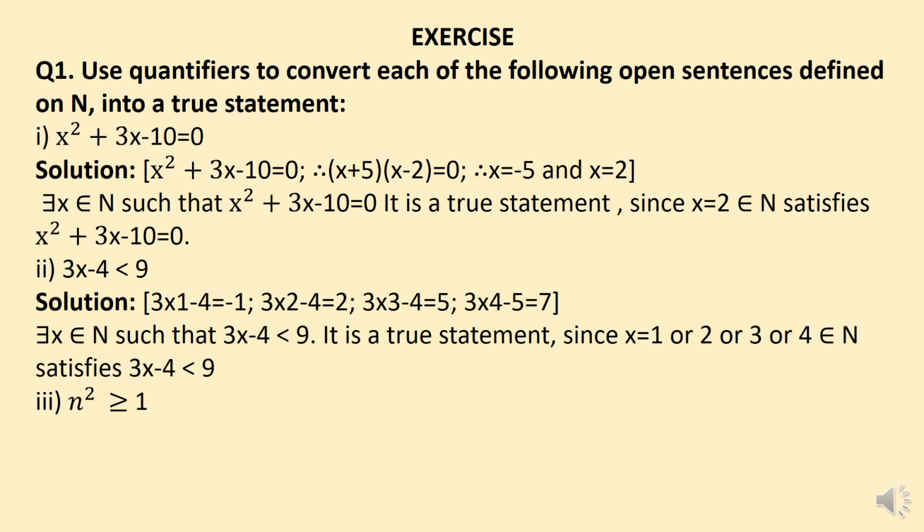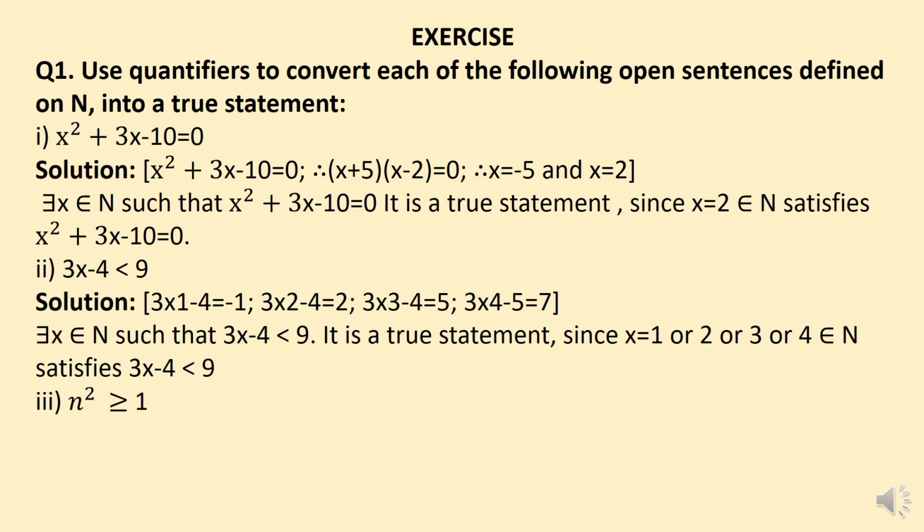The third question, n square is greater than or equal to 1. Now you know that when you square a natural number, you always get the answer which is 1 or something which is greater than 1. For example, for the natural number 1, 1 square is 1.